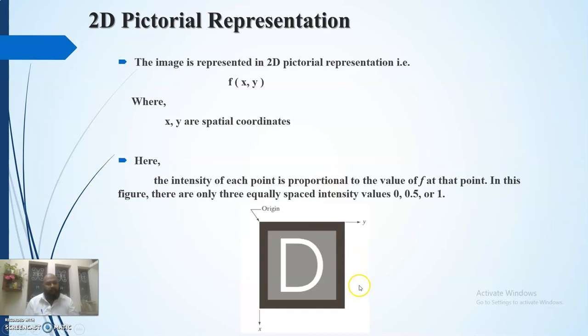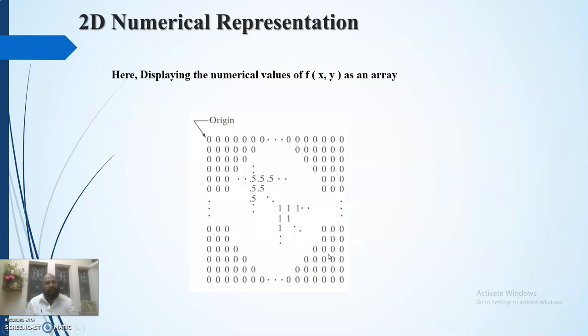Next we can see the third representation, that is 2D numerical representation. Here the image is represented in the form of numerical values as an array, that is m cross n.